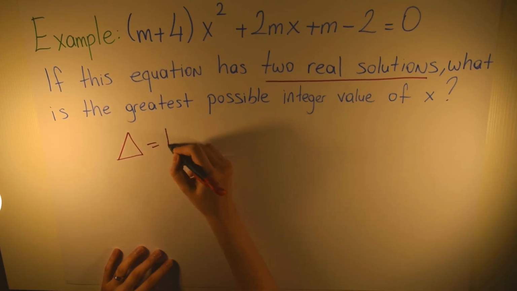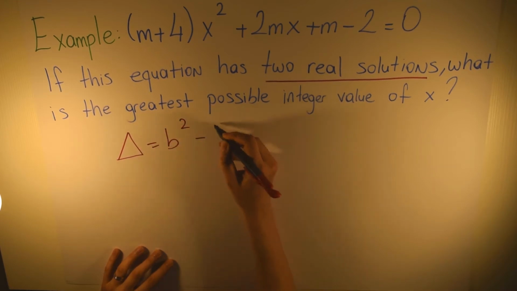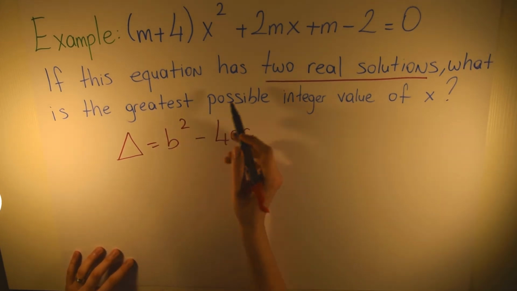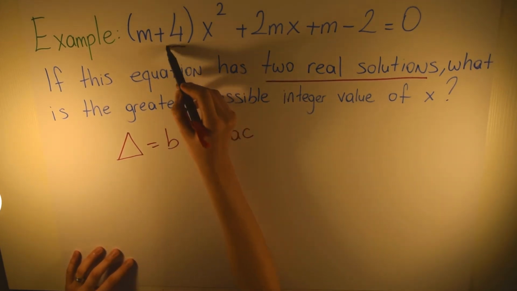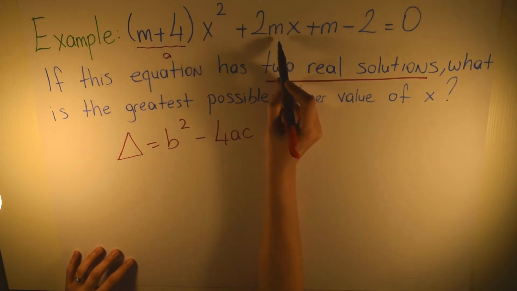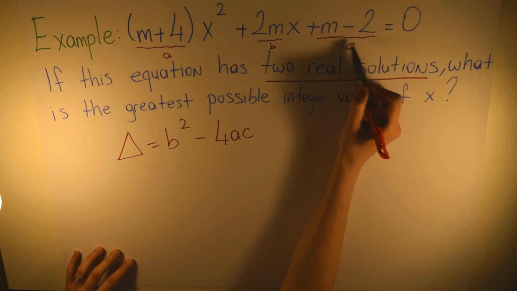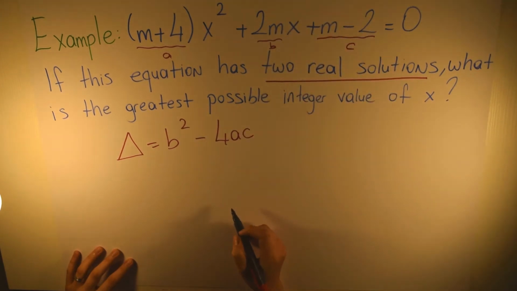It was equal to b squared minus 4ac. So b squared, it's here. This is a, this is b, and this is c as a whole here.